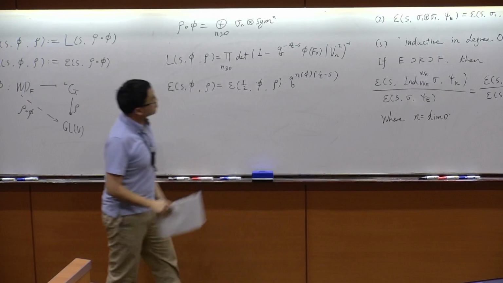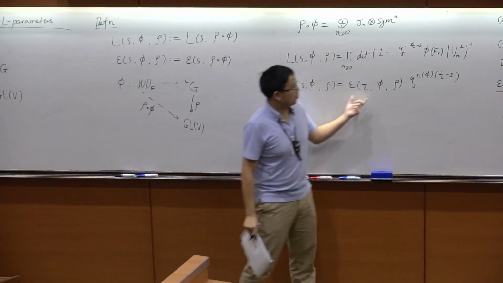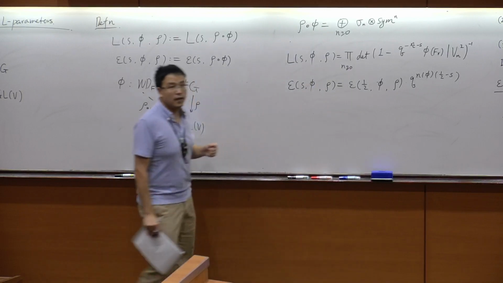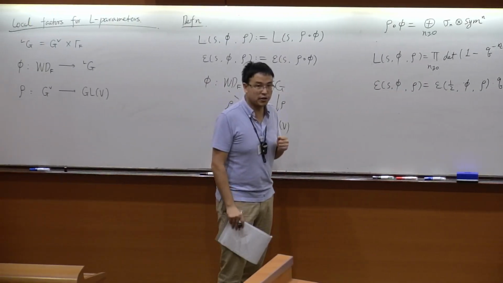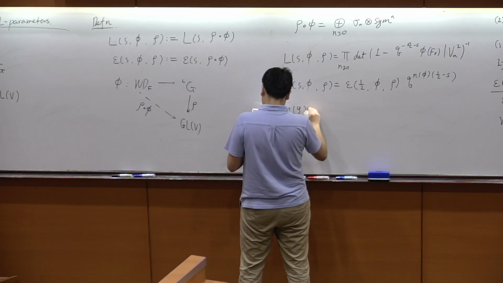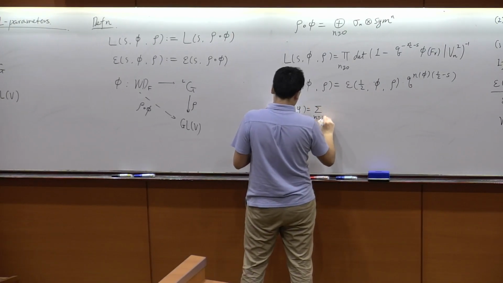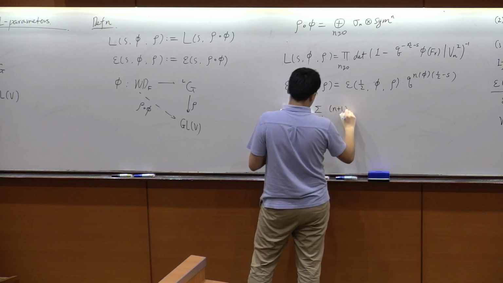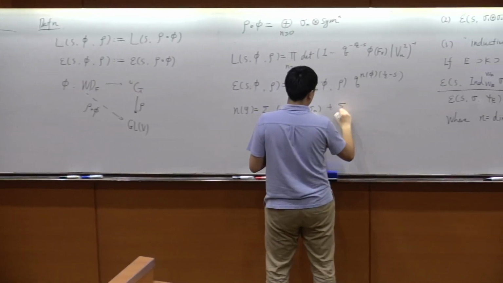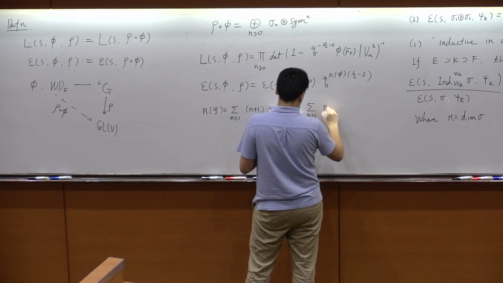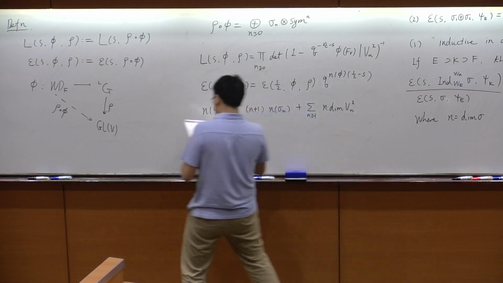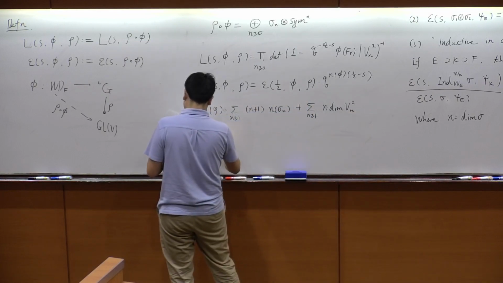Okay, and for the epsilon factors, we only need to define this local root number, plus this Artin factor, and we can determine this epsilon factor in the general case. So for the Artin factor, and also the epsilon root number, the local root number.